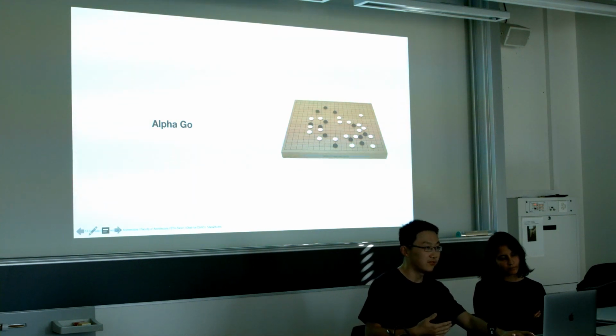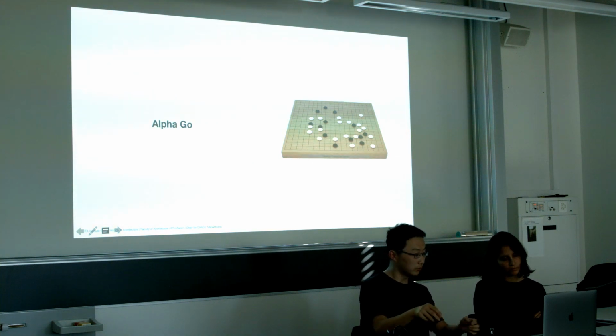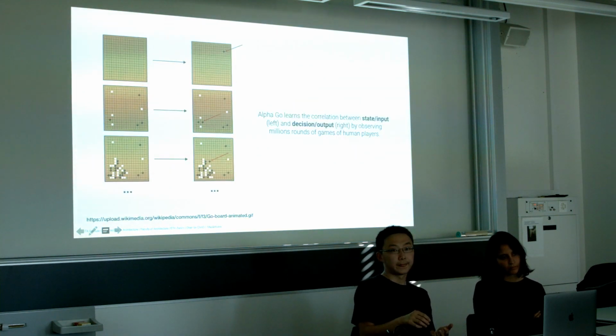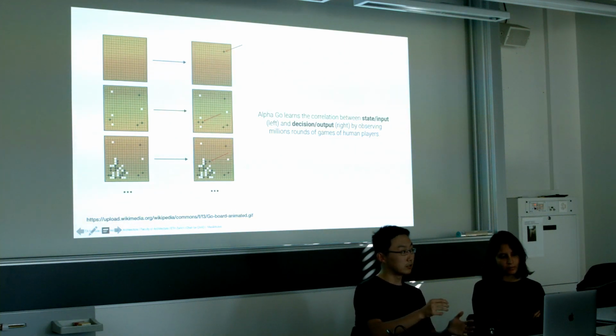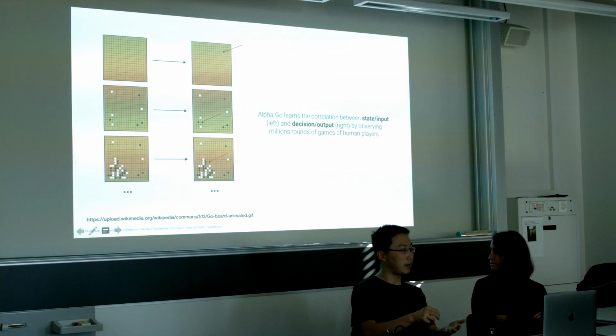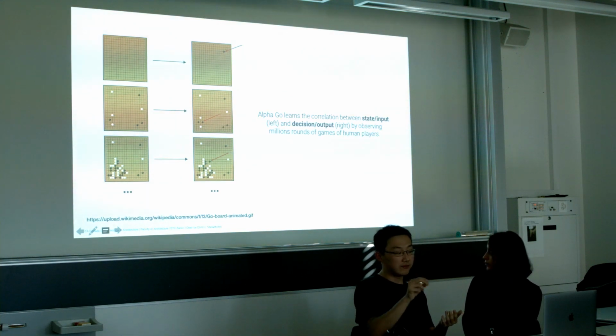Instead of explicitly writing down the rules of how to play a Go game, AlphaGo learns the patterns from human players. In principle, at the beginning, the development team of AlphaGo collected many records of Go games played by human players, and they matched every input to every output.